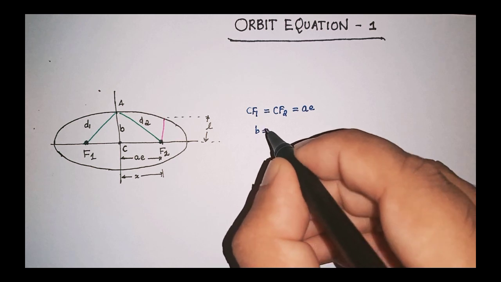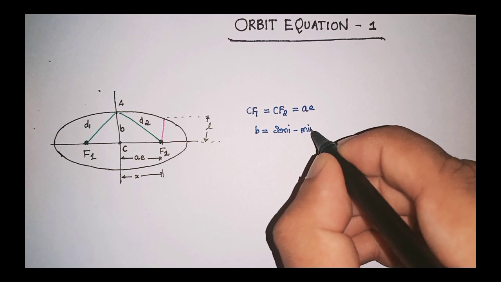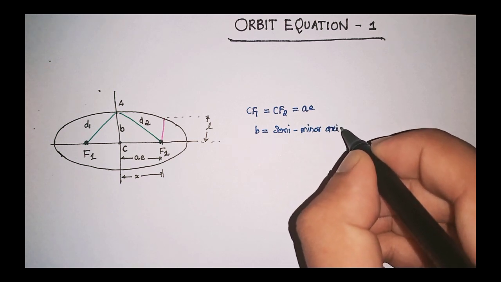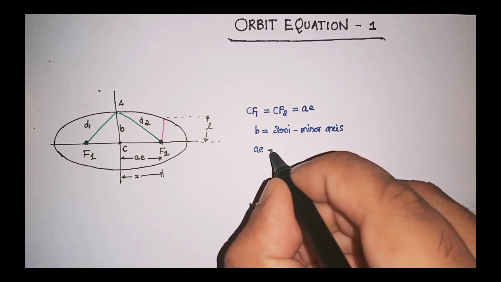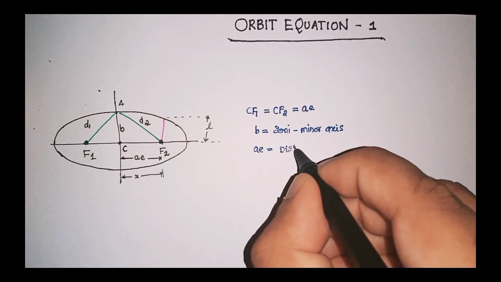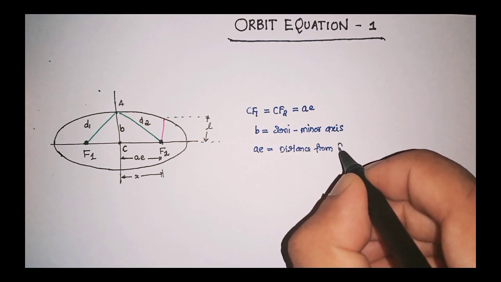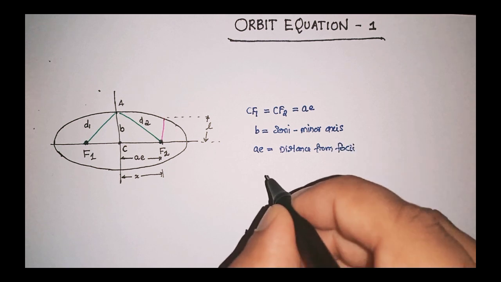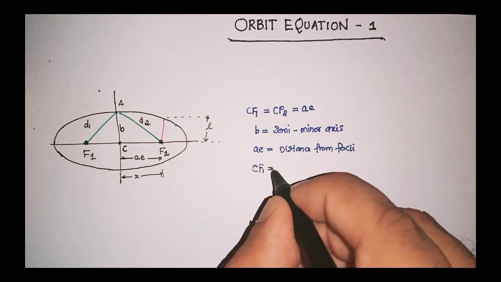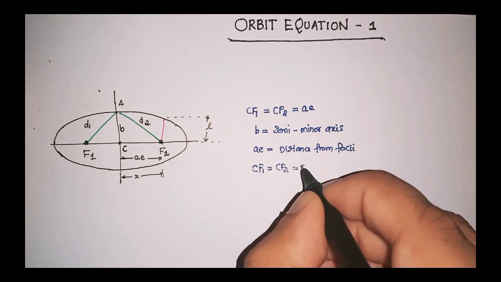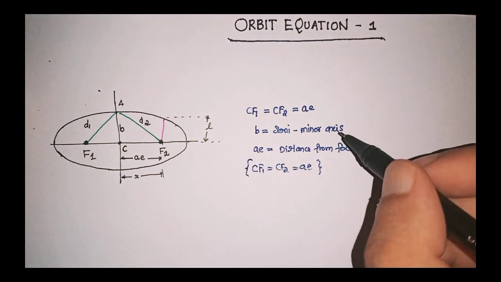B is my semi minor axis, and AE is the distance from the foci. So CF1 is equal to CF2, which is equal to AE, which we already know. We have written it again just for your better understanding.